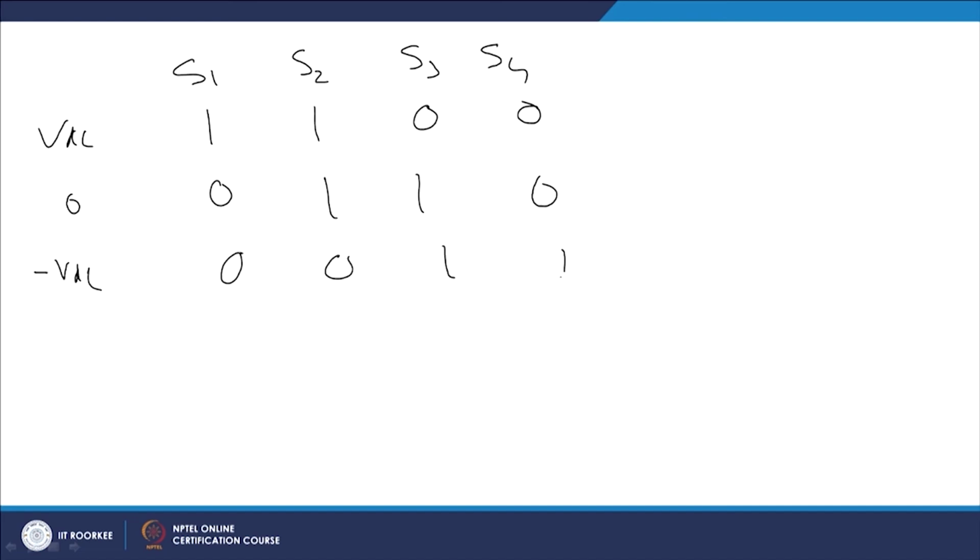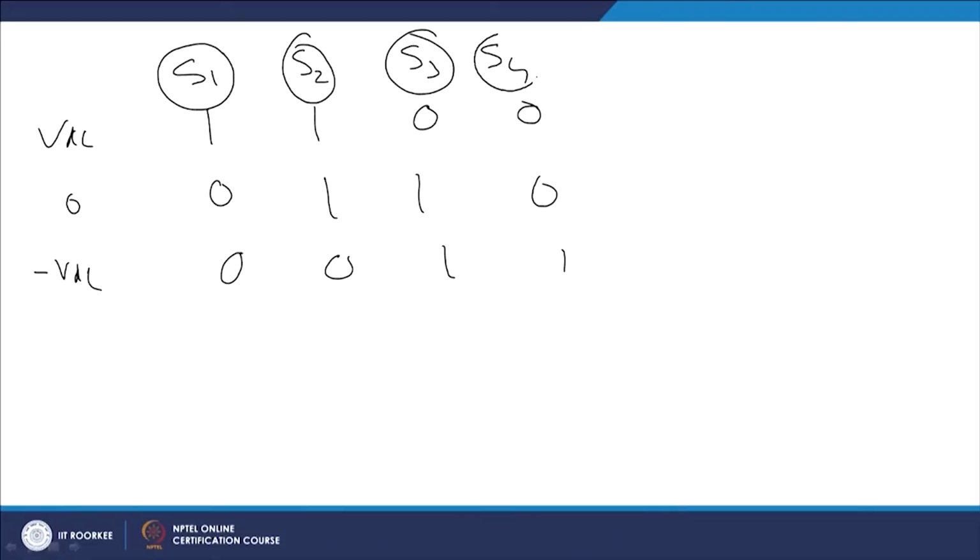So, from there you can see from the two tables that S1 and S3 are complementary to each other and S2 and S4 are complementary to each other. So, for this reason S3 can be written as S1 bar, S4 can be written as S2 bar. So, thus this nomenclature is used there.